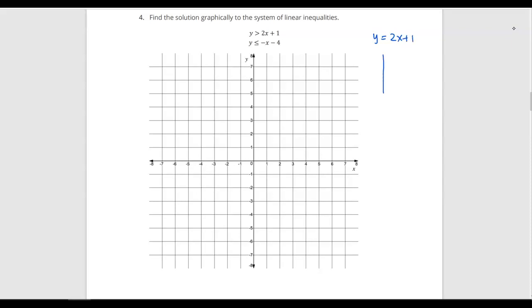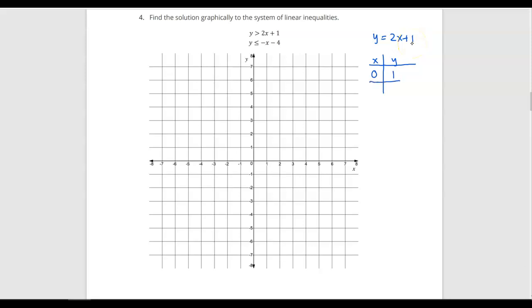You get representative points, x and y. I like to use the intercepts as my representative points, so I would start by letting x be equal to 0. If x is equal to 0, then y is equal to 1.